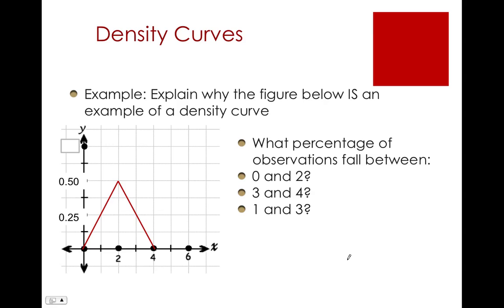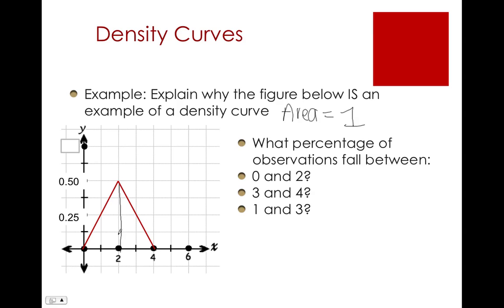So I'm bringing back the triangle from your warm-up. My first question is for you to explain why the figure is an example of a density curve. We already did this in the warm-up. The reason it is a density curve is because the area underneath is exactly equal to 1. What percent of observations fall, for example, between 0 and 2?